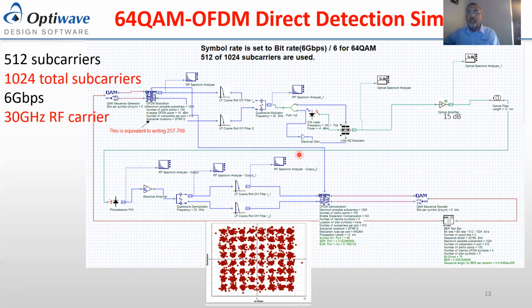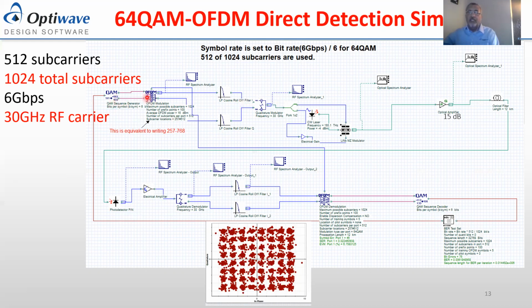As you can see here, the system uses a BERT test to generate the bits, which are then modulated with the QAM signal, 6 bits per symbol.